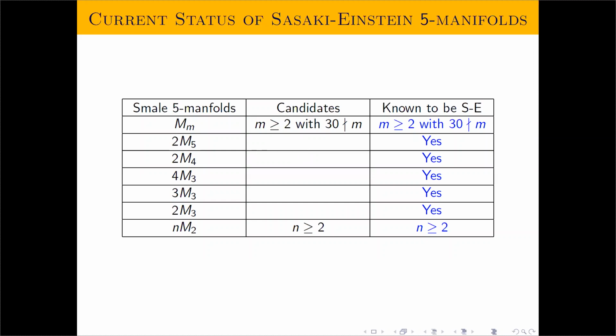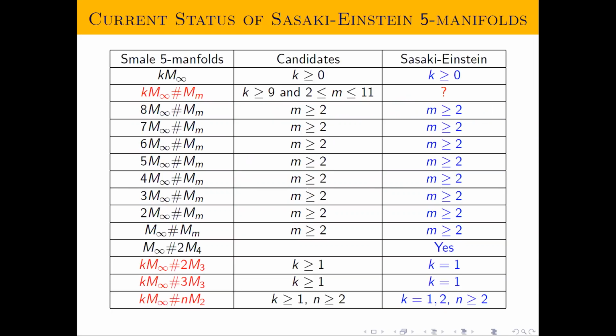Everything in black is done; we know everything, and we completely determined which one has a Sasaki-Einstein metric or not. But the problem is the red ones, which means the red ones here.